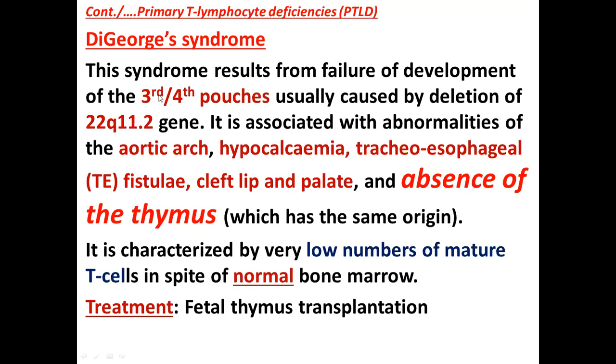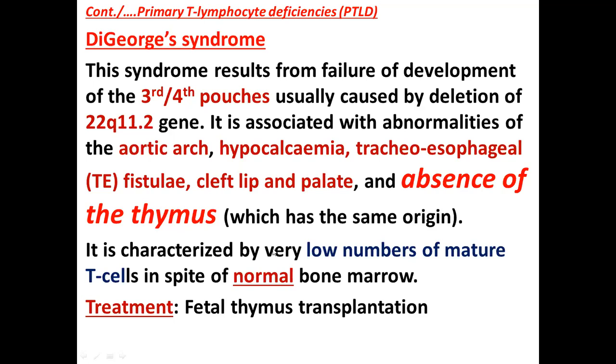Other organs may be involved: abnormalities in the aortic arch, hypocalcemia, tracheoesophageal fistula, called TE fistula, a cleft lip and palate, and then absence of the thymus. All of these have the same origin from the third and fourth pharyngeal pouches. You have to remember your embryology.